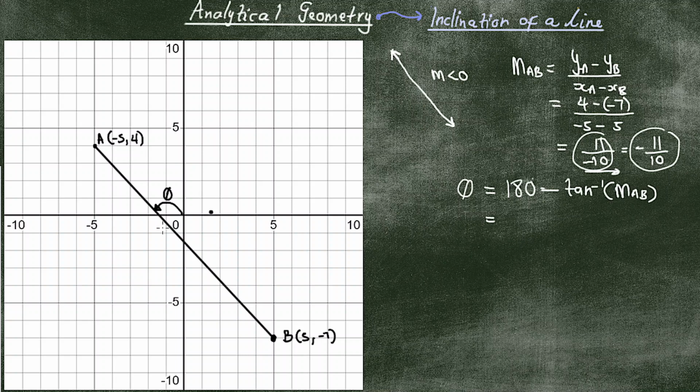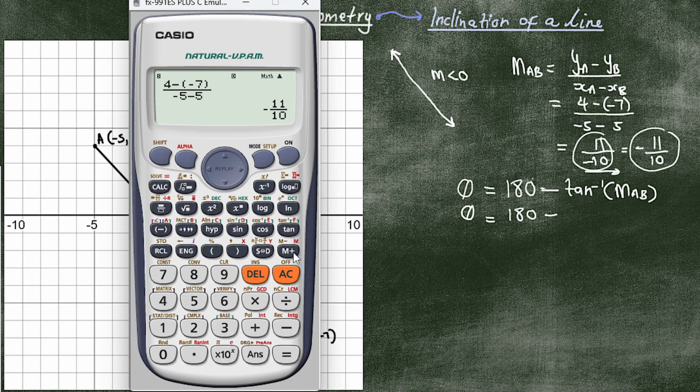It's an obtuse angle, right? So you have to subtract from 180 degrees. Always, whenever you want the angle of inclination for a line that is tilted like this, and you produce a negative gradient, we calculate it like so: 180 minus arctan of that gradient.